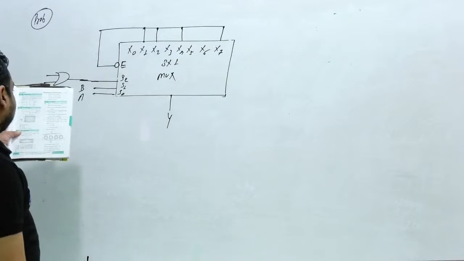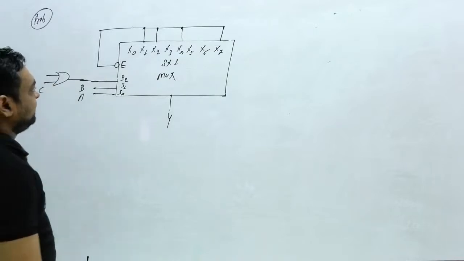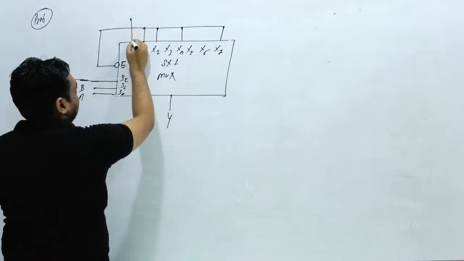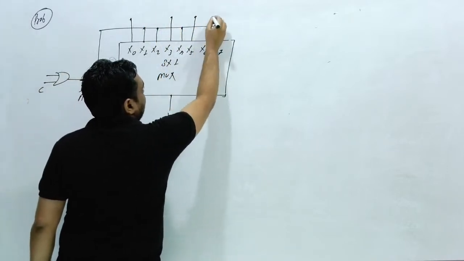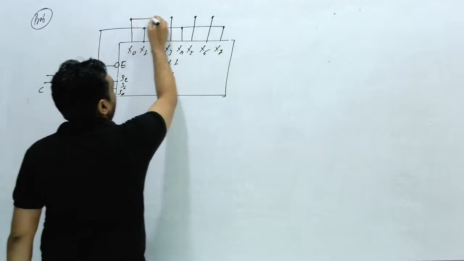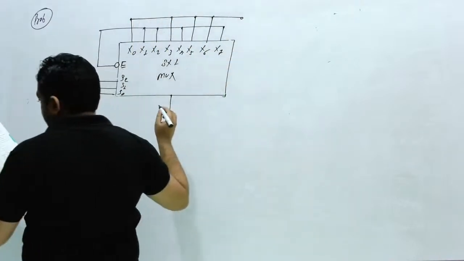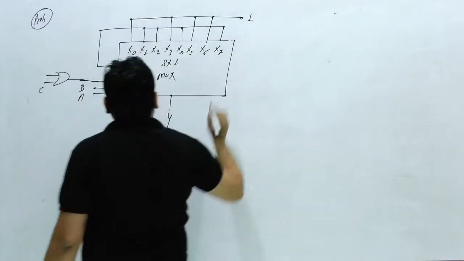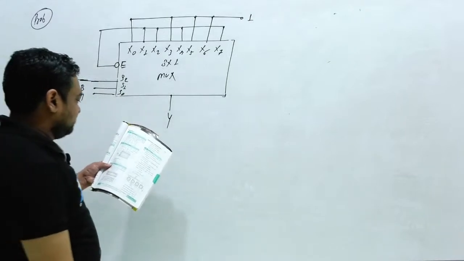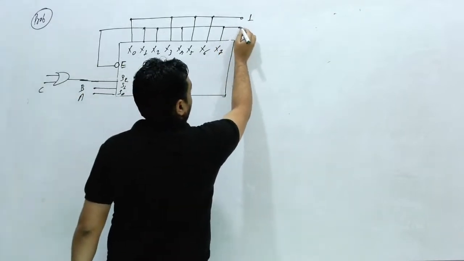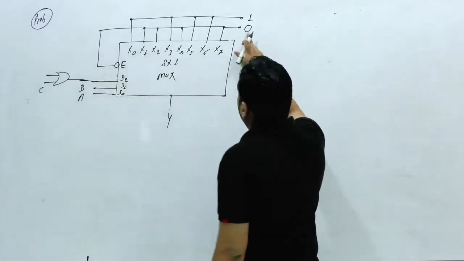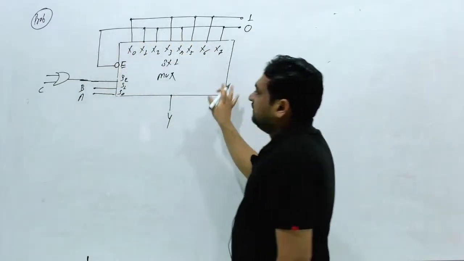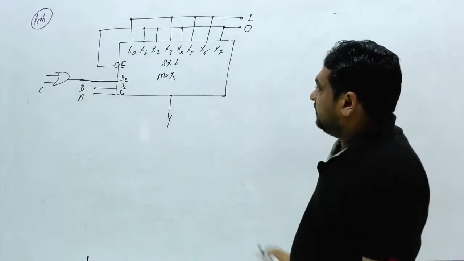The remaining X0, X3, X5 and X6 are all connected with 1. And the enable is connected with 0, meaning this circuit is always enabled. So this circuit is working.